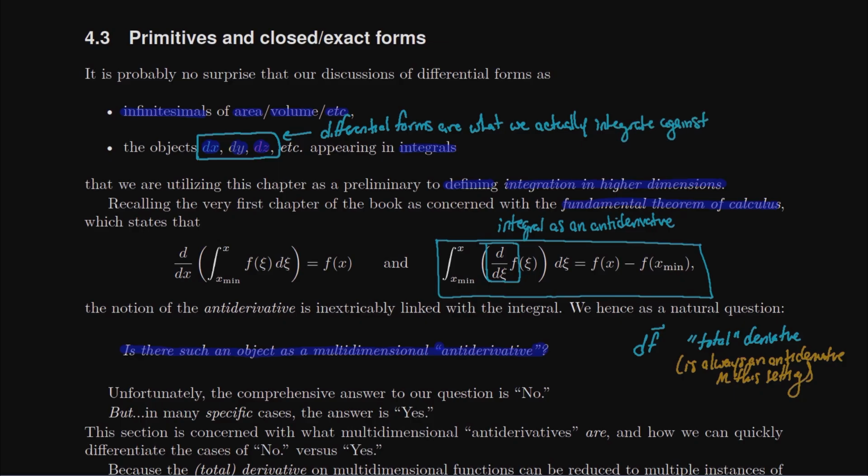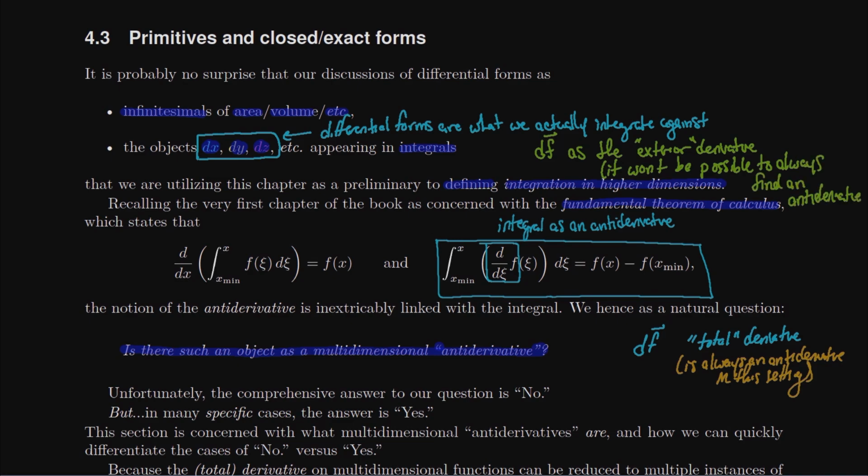And so in the context of differential forms, we're no longer thinking about df as the total derivative, but rather df as the exterior derivative. And when we think about df as the exterior derivative, it won't be possible to always find an antiderivative.